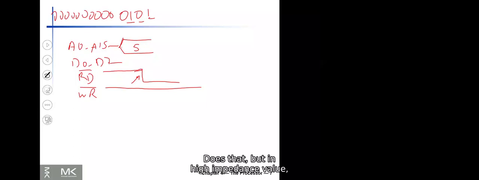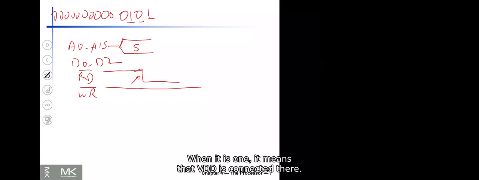High impedance means that it is open. It is not connected to anything. It is not 0. It is not 1. It is open. It floats. When it is 0, it means that the ground is connected there.